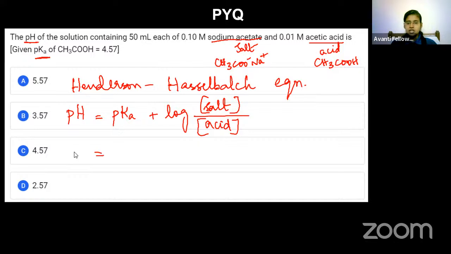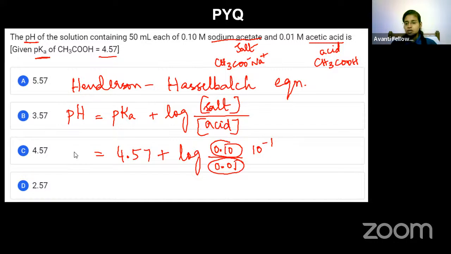So substitute the pKa value. pKa value for acid is 4.57 plus log of concentration of salt 0.10 and for acid 0.01. 0.10 is actually 10 power minus 1 and 0.01 is equal to 10 power minus 2, because here we are moving one digit to the right and here two digits. So it is 10 to the power minus 1 and 10 to the power minus 2.